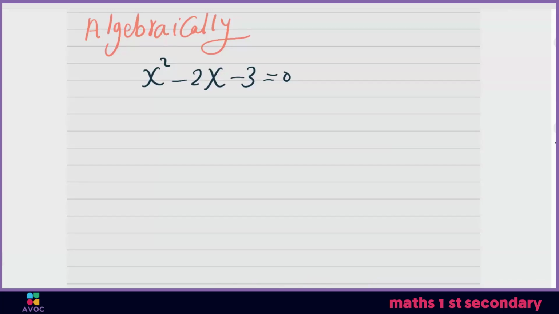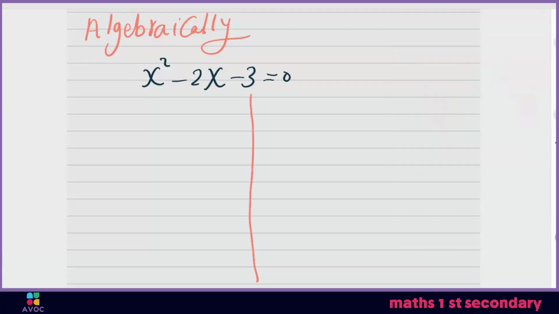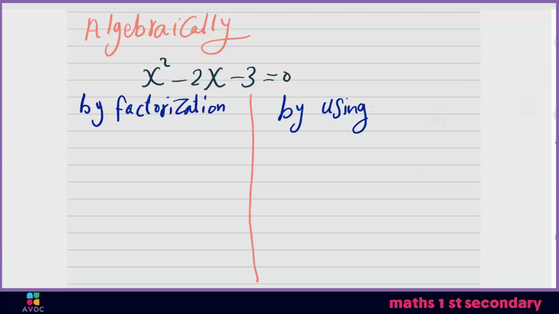So I have two ways. By factorization, the other one by using the general rule.